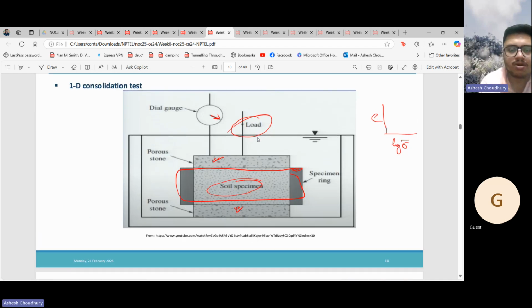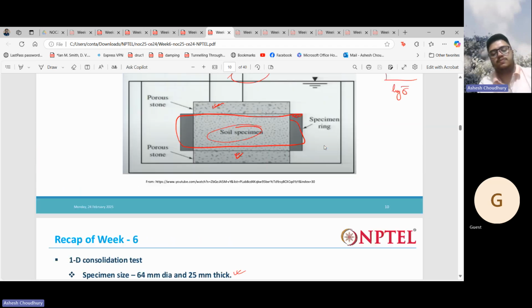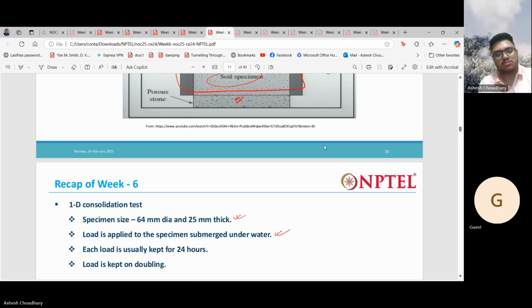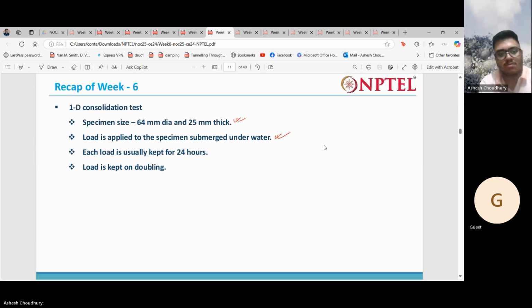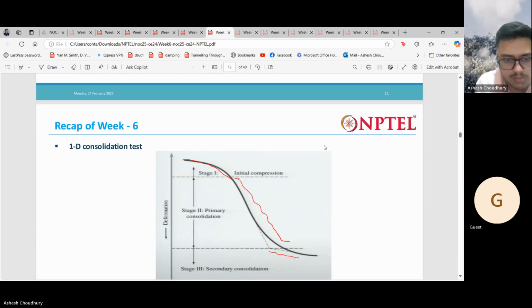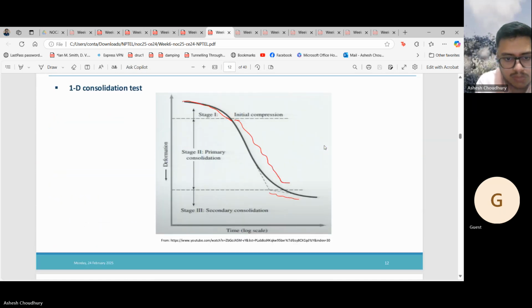You have the one-dimensional consolidation test, from which you can get the void ratio versus log of effective stress curve. From the consolidation test, you get time and deformation.